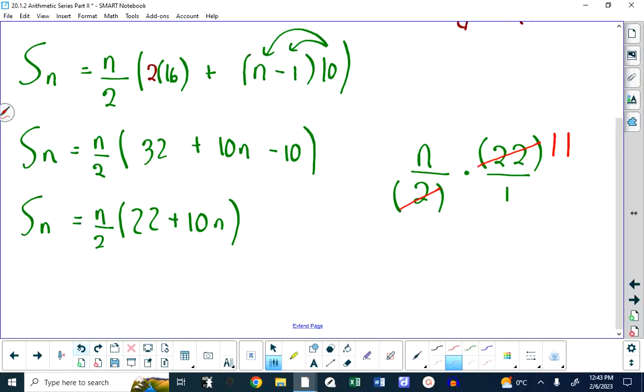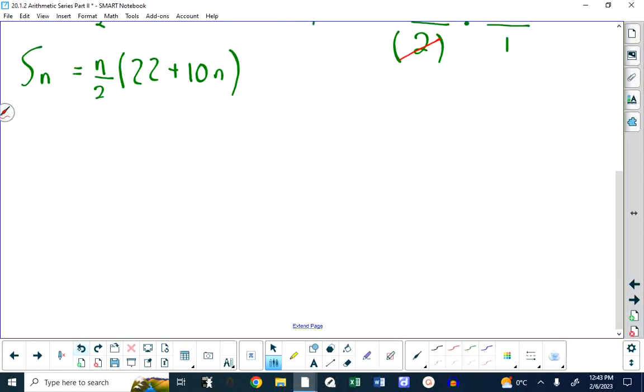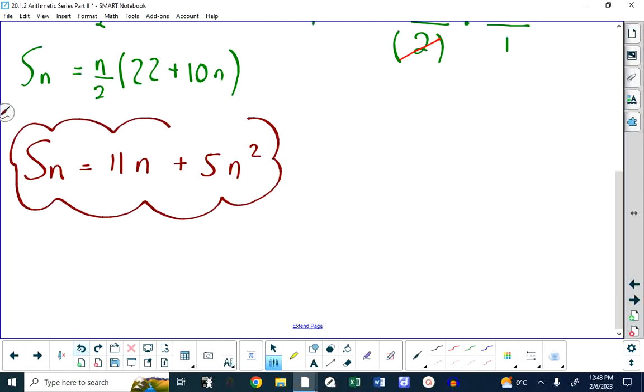Slash, slash kind of thing. With simple numbers, it's okay. But the bottom line is, when I multiply that out, I get Sn equals 11n, because 22 divided by 2 is 11. And I can use the same reasoning here. 10 divided by 2 is 5, and I get an n times an n, which is n squared. So that's a formula for Sn.